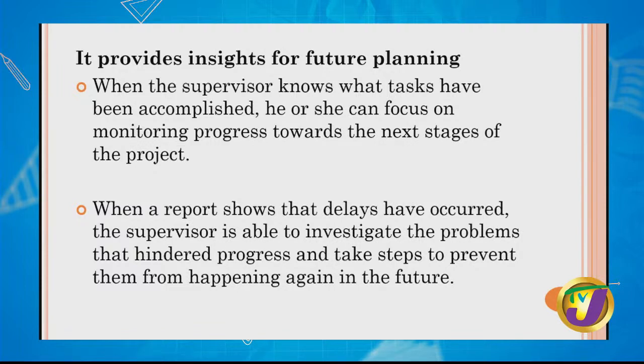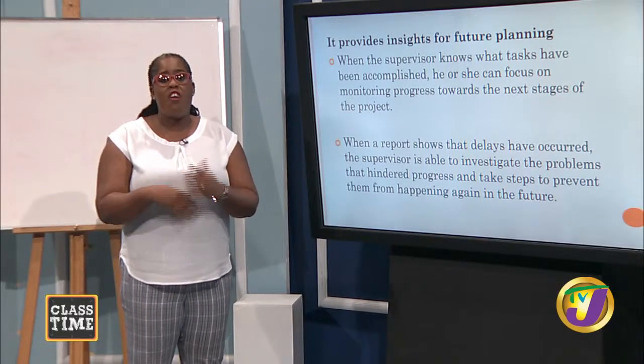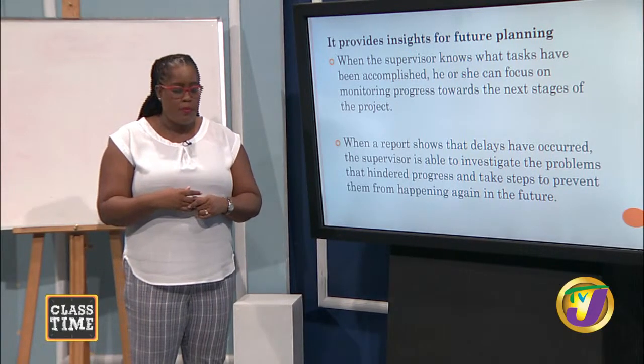When a report shows that delays have occurred, the supervisor is able to investigate the problems that hindered progress and take steps to prevent them from happening again in the future. Now, again, the progress report here is just allowing you to be organized, showing you everything, right? What went wrong, what went right, and areas that can be improved.